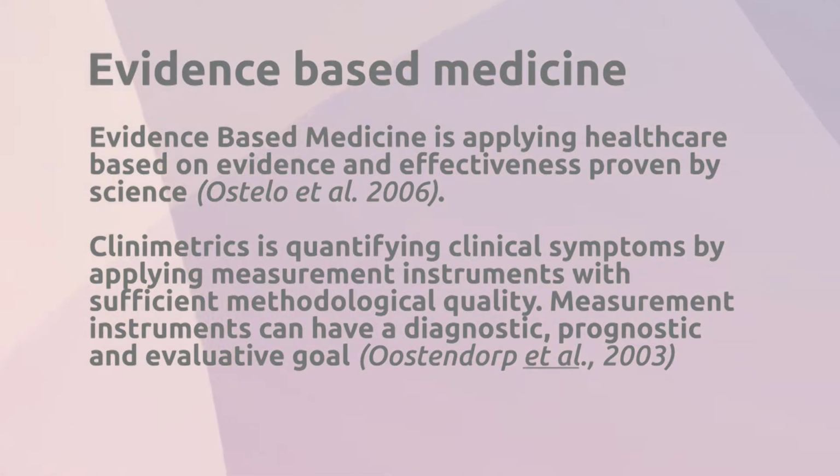These measurement instruments can have a diagnostic, prognostic and evaluative goal. A few examples of measurement instruments could be questionnaires, using a goniometer, but also measuring on structural level with medical imaging.